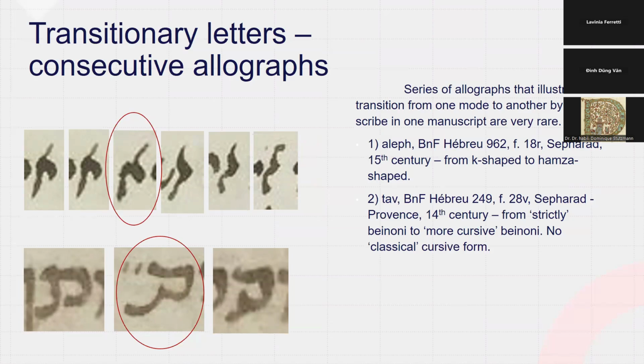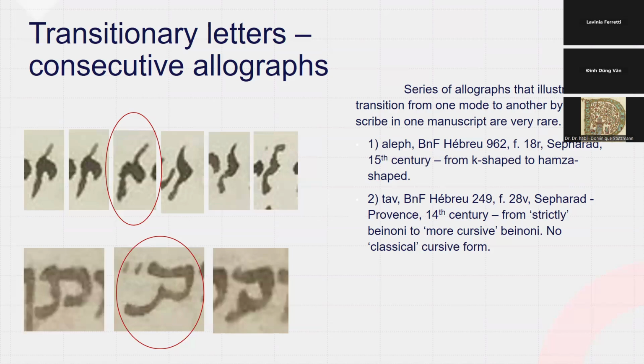And on the right, we already have a fully cursive form of what we call in Hebrew a Hamza-shaped aleph. And we can see how it turns from one to another. And this example in the middle is what I call a transitionary letter, because it combines the features of both.